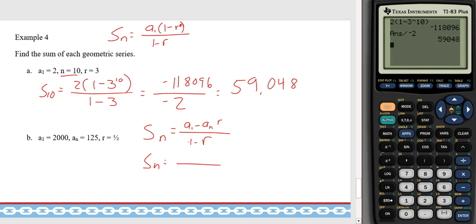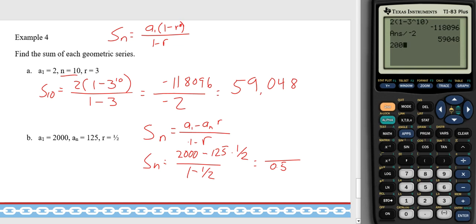But I am going to say first term 2000 minus nth term of 125 times my common ratio of 1/2, all over 1 minus that common ratio. So I'm going to have a denominator of 1/2 or 0.5.